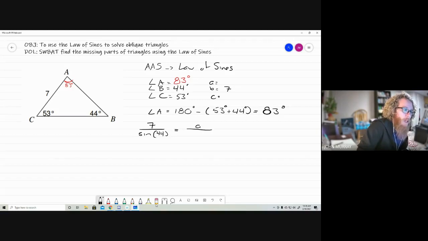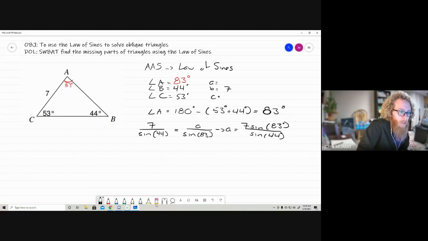And that's going to equal my side A over the sine of 83. So cross multiplying and solving, I get that A is equal to 7 times the sine of 83 divided by the sine of 44.